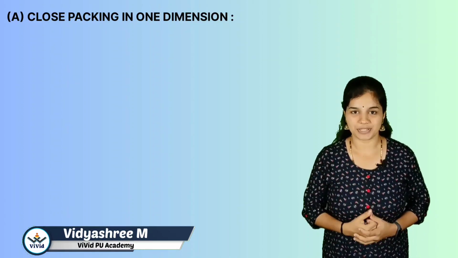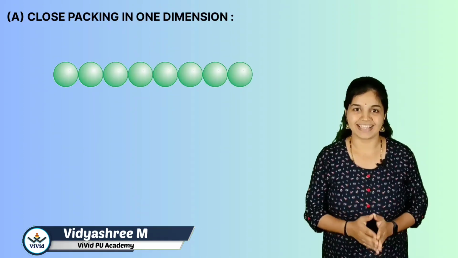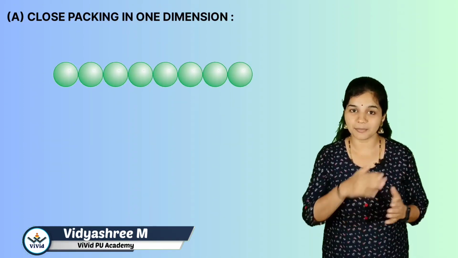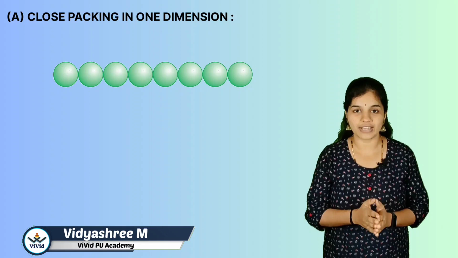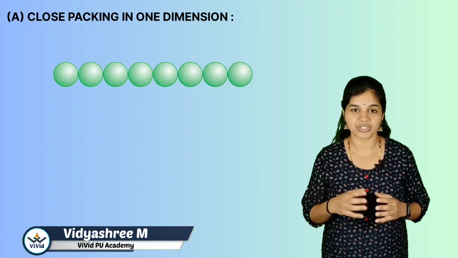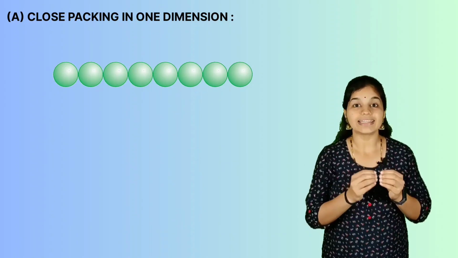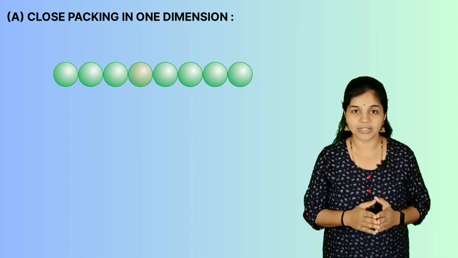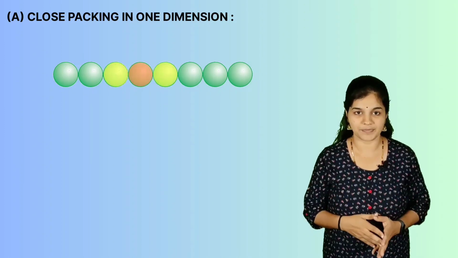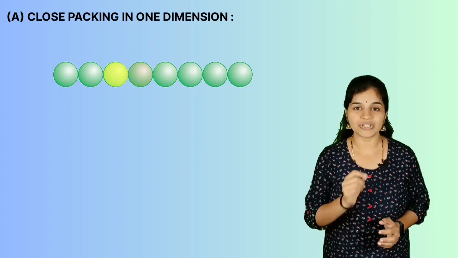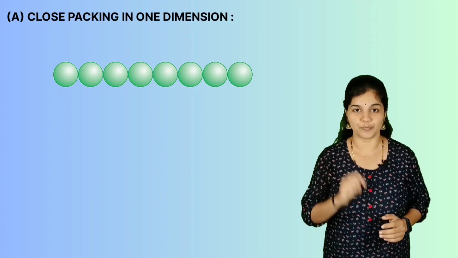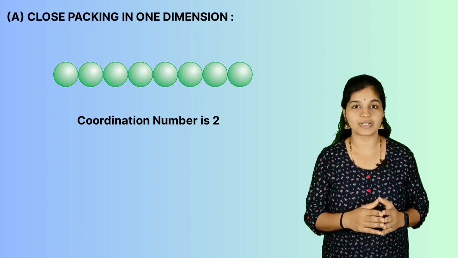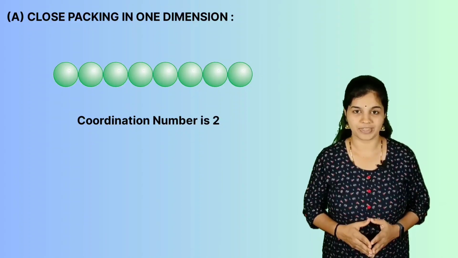What is this arrangement? Yes, it is to arrange them in a row such that the spheres are touching each other. In this arrangement, each sphere is in contact with 2 of its neighbors. So, the coordination number is 2 in the one-dimensional close-packed arrangement.